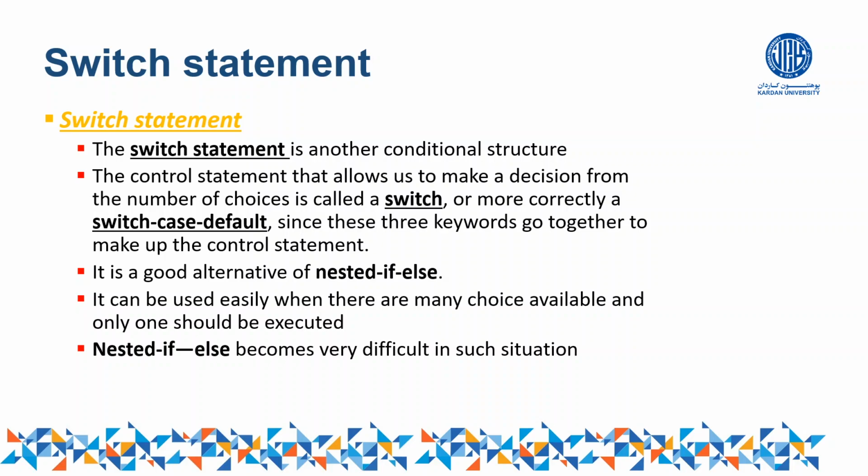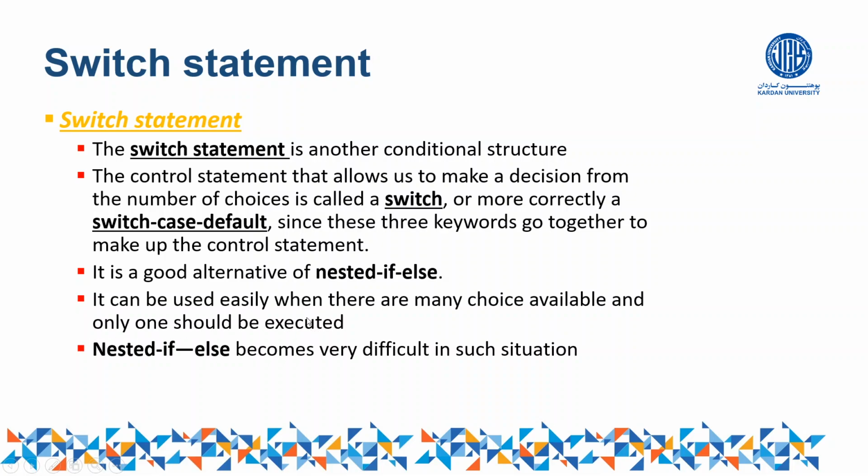We are going to use them in our program when we write a program using the switch statement. These three keywords go together to make up the control statement, and they are used for making a complete switch statement program. It is a good alternative to nested if else. It can be used easily when there are many choices available and only one should be executed.